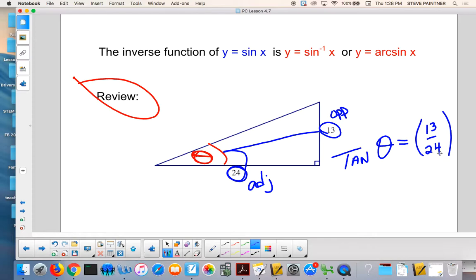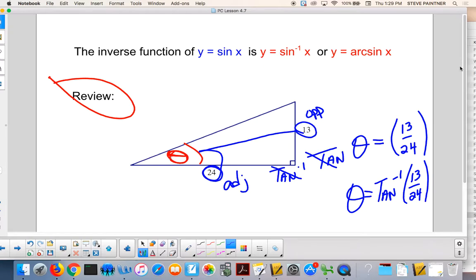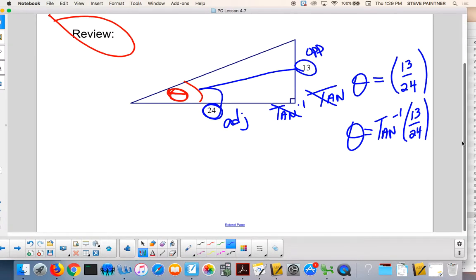When you want the angle, you're going to have to perform what? How do you get rid of the word tangent? Inverse tangent knocks out tangent. So you have to do inverse tangent of your ratio, 13/20. Answer? 28.4.